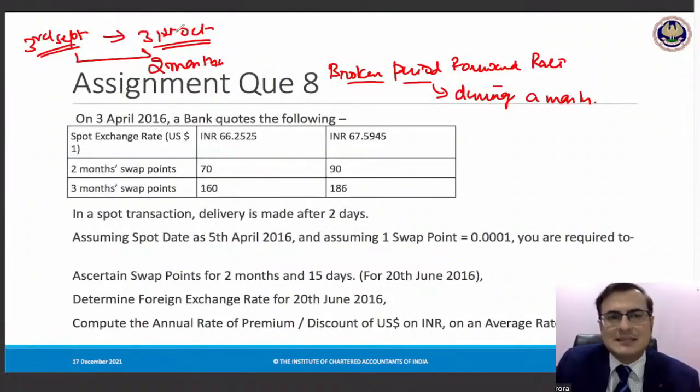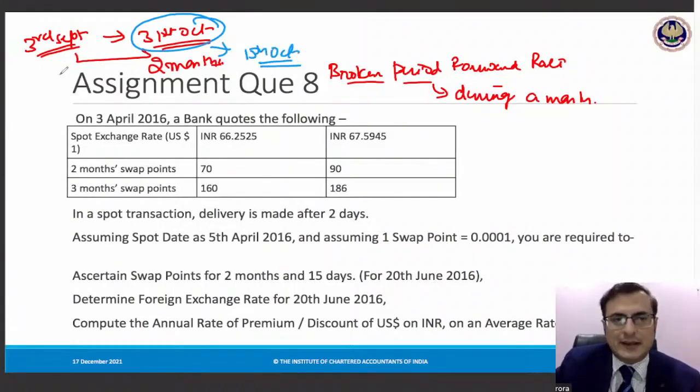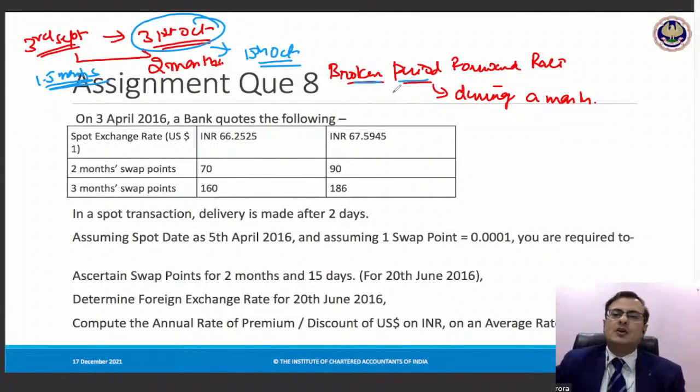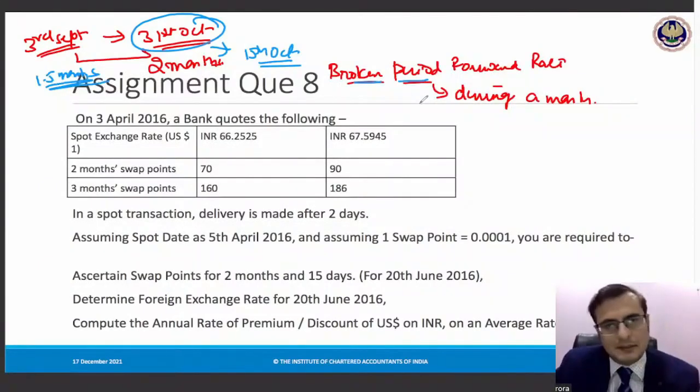What if the question says that rather than 31st October, you have to do this as 15th October? So it means 1.5 months. Yes or no? So that is called a broken period forward rate during a month. Forward rate means a during a month rate.